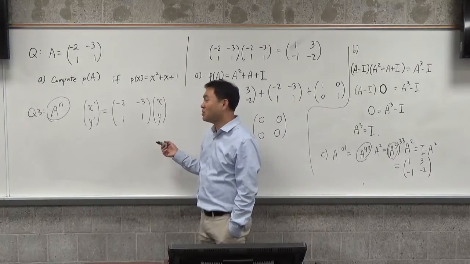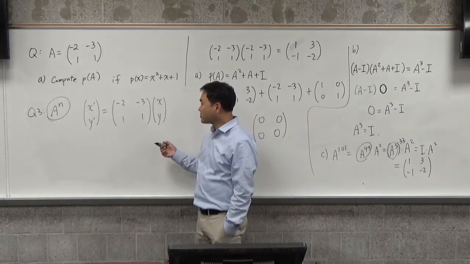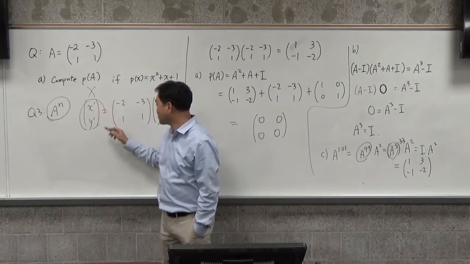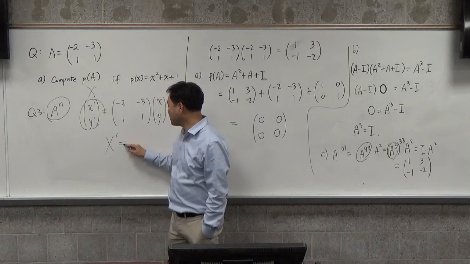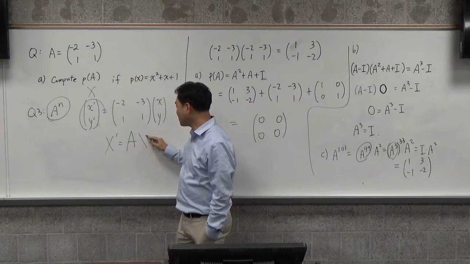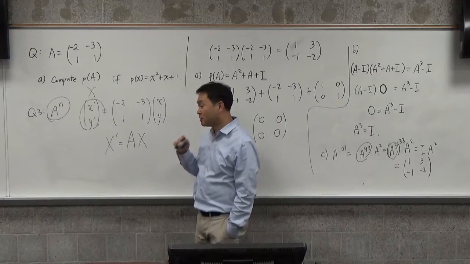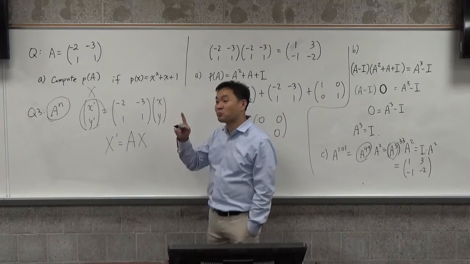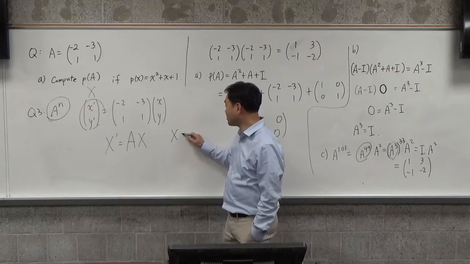But see, if I call this big X, it looks like x prime equals A times x. Isn't that right? And let's say x and y are both functions of t, so big X is a function of t.